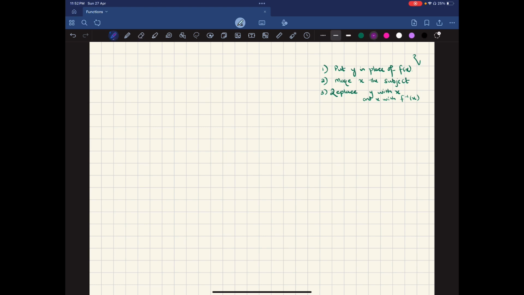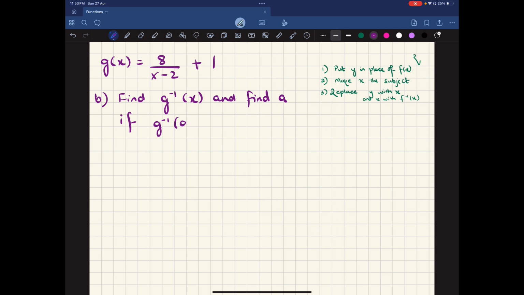So it states that g of x is equal to 8 over x minus 2 plus 1. Part B of the question is: find the inverse function, g inverse of x, and find a if g inverse of a is equal to 6.